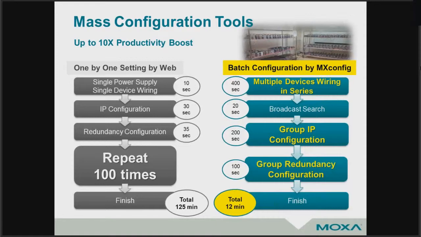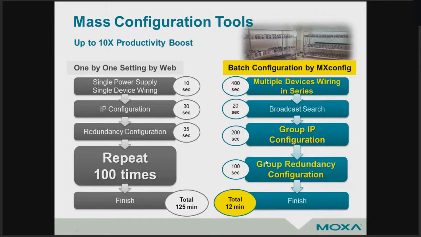So in this example, if we're configuring 100 switches, you're looking at a little over 2 hours to configure those switches with just a single redundancy configuration. This will actually get longer as you add complexity to those configurations.